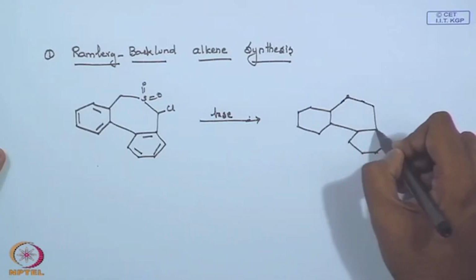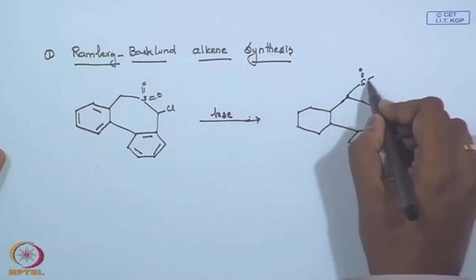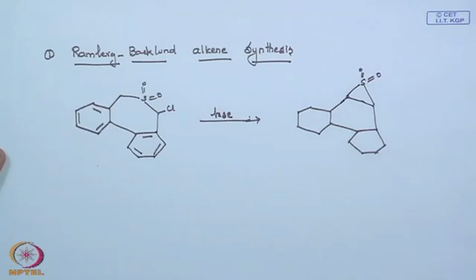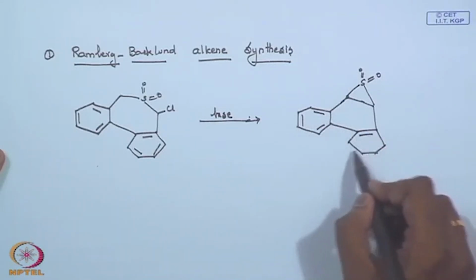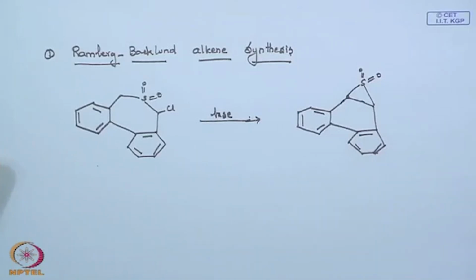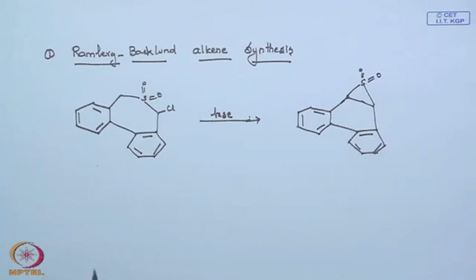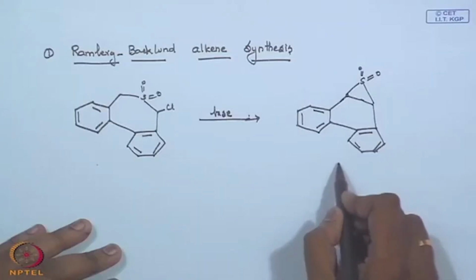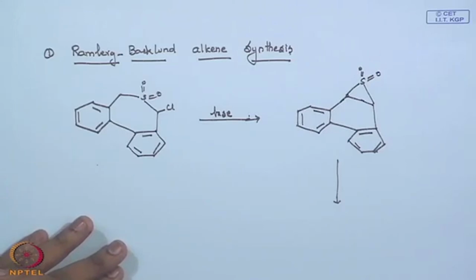Chlorine goes off here, giving me a product like this, so that I have this product. Okay, now I get this. This is now really a substrate ready for doing your, if I heat this, what will happen? It is ready to do your chelotropic reaction.